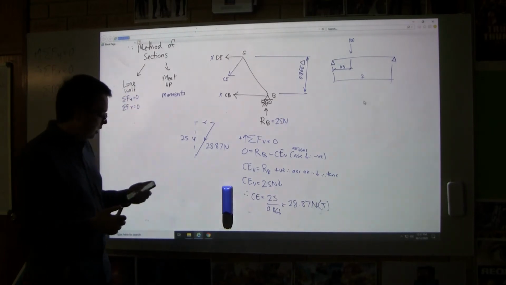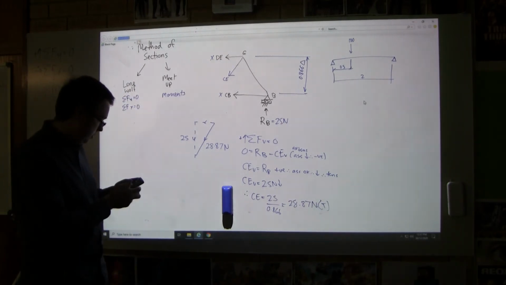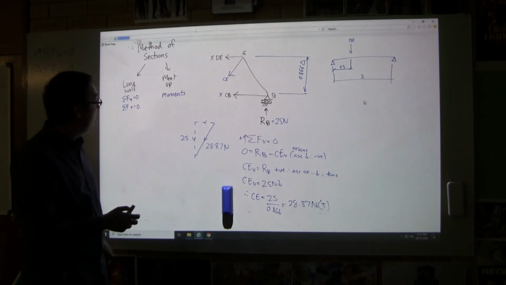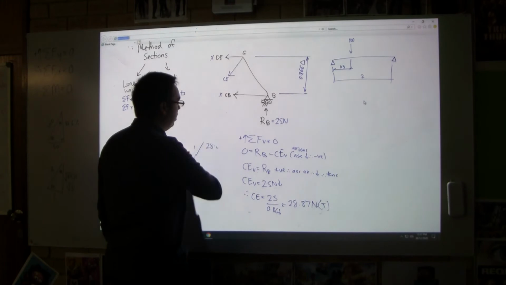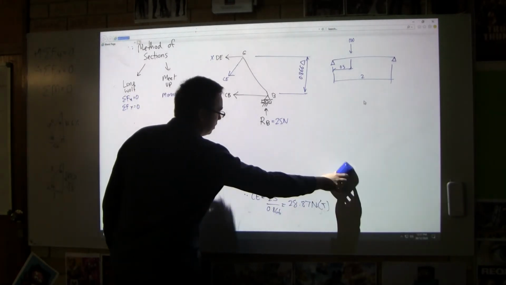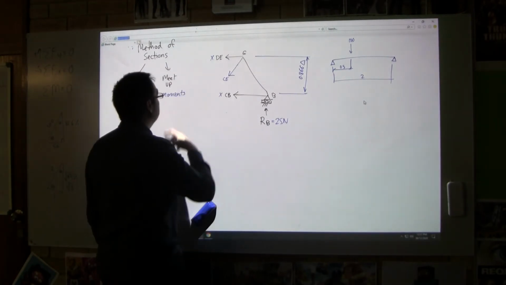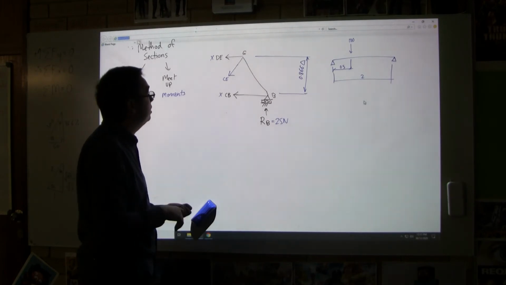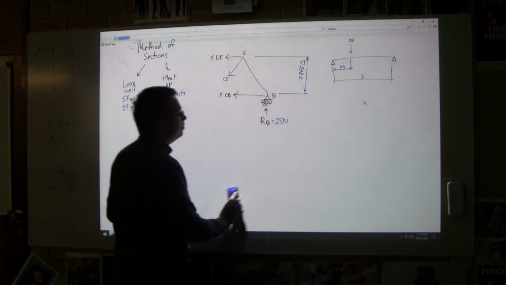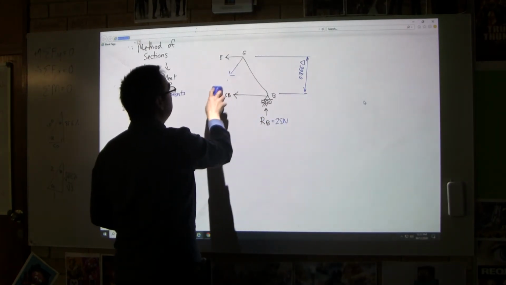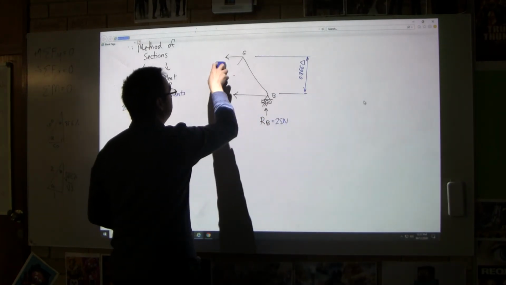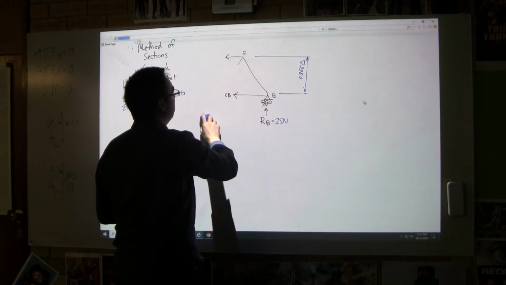Okay, the next question we're going to look at is we're going to take one of the other two sides. Now I'm going to go with Charlie Brown because I can't think of a good name off the top of my head for DE. So this time, sorry, CB is the member we're cutting through.